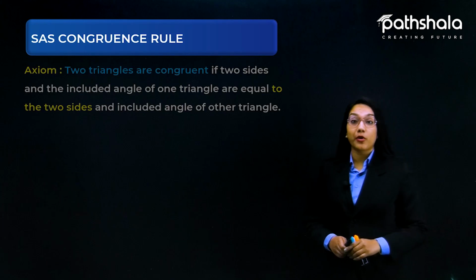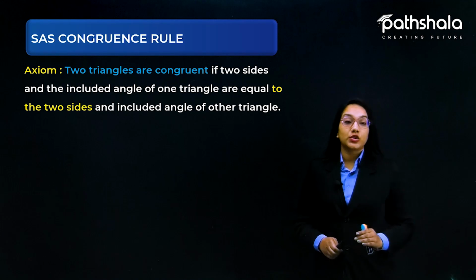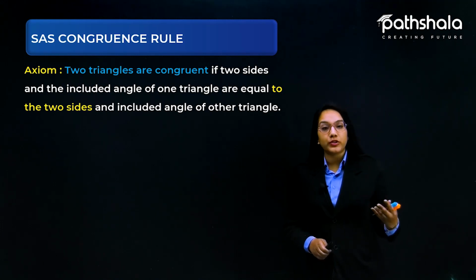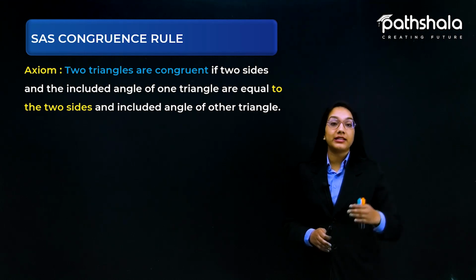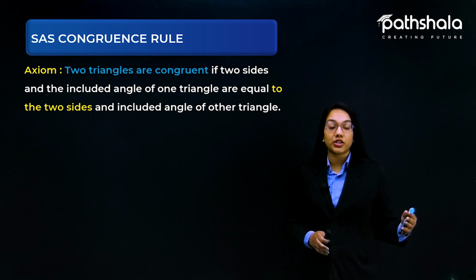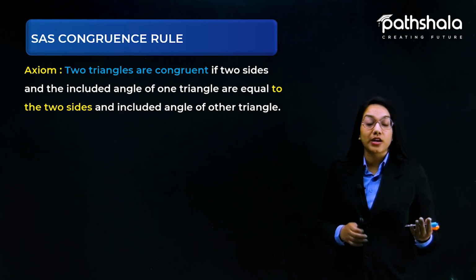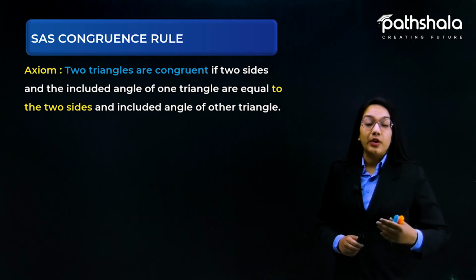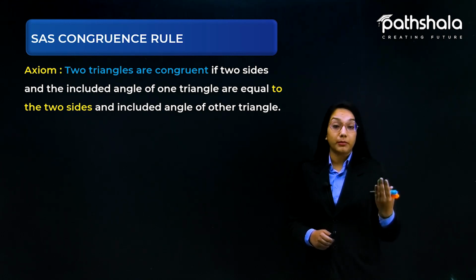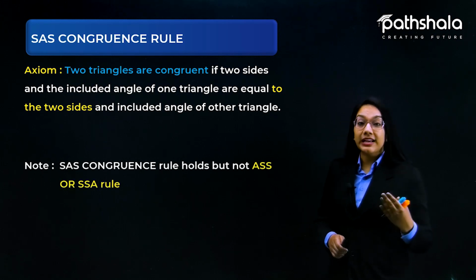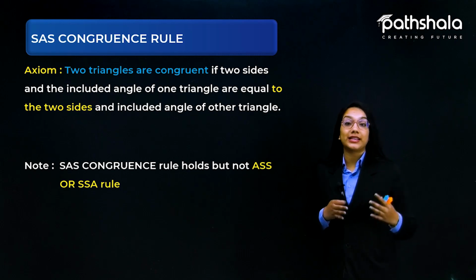Now, if we take examples of two triangles in which, rather than side angle side, we have other sides and other angles equal, then we can observe that those triangles would not come out congruent to each other. The SAS congruence rule holds, but not the ASS or SSA rule.